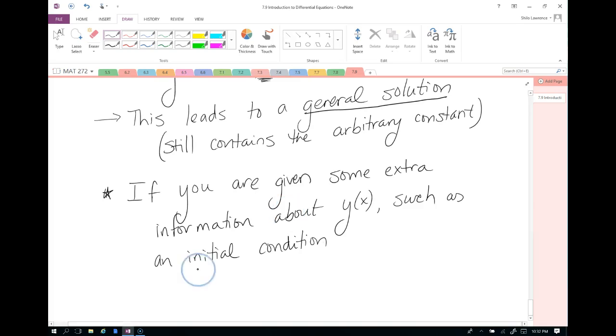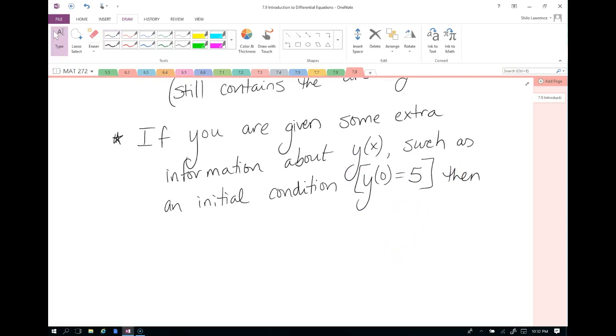So after that, we have no clue really what's happening unless we solve for the function. So they're called initial conditions because usually we'll know what's happening at the start of the function at y of 0. y of 0 equals 5, for example. Then we can solve for that c, and it will give us a particular solution.